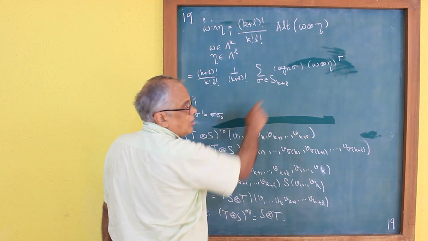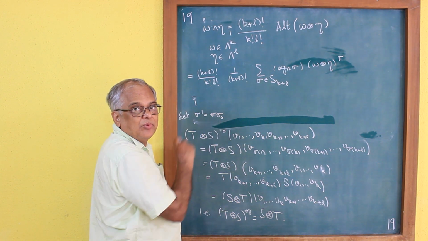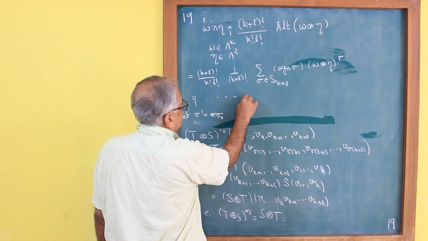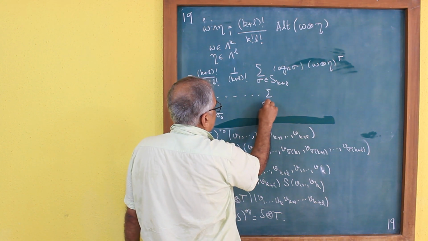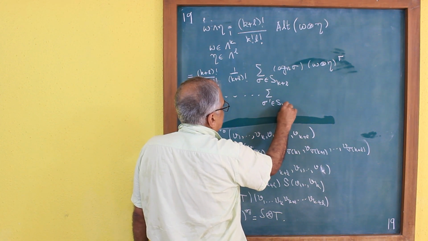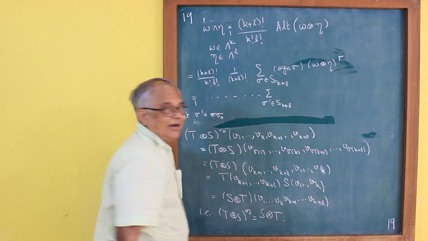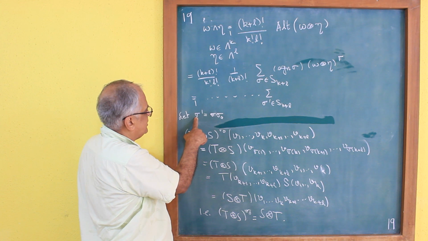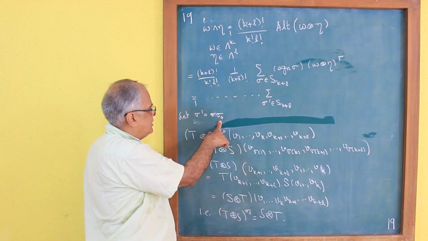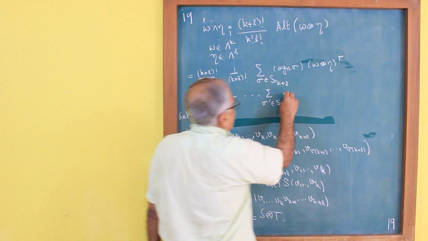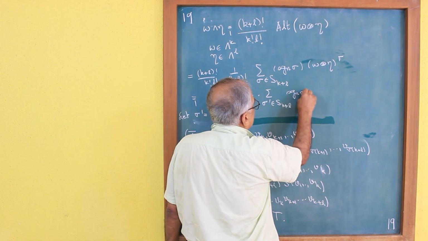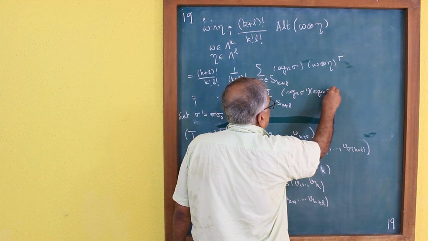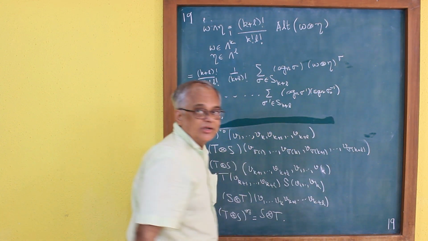When sigma varies over all of S_{k+L}, sigma prime also varies over all of S_{k+L}. So this is equal to, I'll keep this the same, the summation over sigma prime in S_{k+L}, and sign of sigma. Sigma is sigma prime times sigma naught inverse. Therefore, sign of sigma is sign of sigma prime times sign of sigma naught inverse.